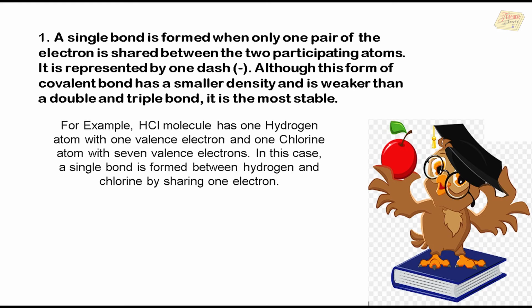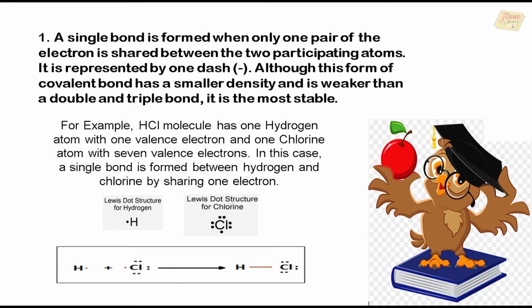For example, hydrogen chloride molecule has one hydrogen atom with one valence electron and one chlorine atom with 7 valence electrons. In this case, a single bond is formed between hydrogen and chlorine by sharing one electron.